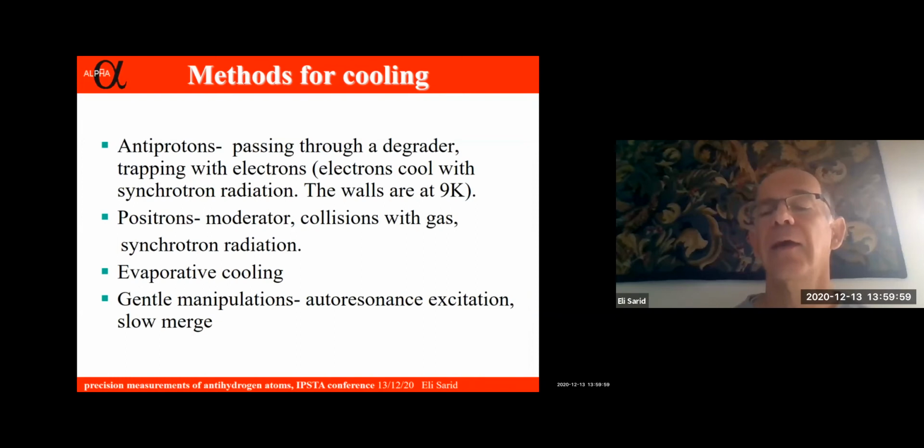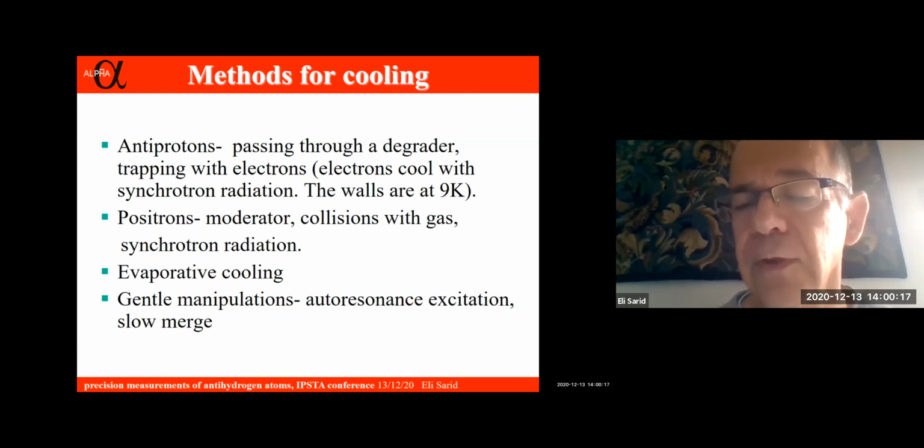So I said that everything needs to be very cold, so we will be able to produce and capture the antimatter atoms. And we need to go from the scale of mega electron volts, kilo electron volts, to the scale of less than 1 Kelvin.